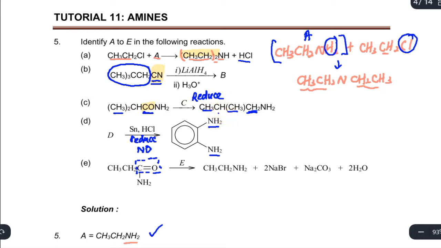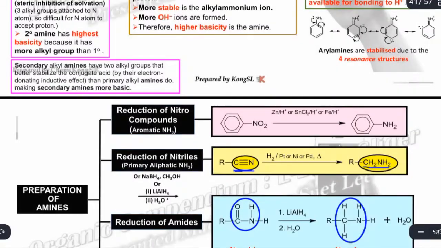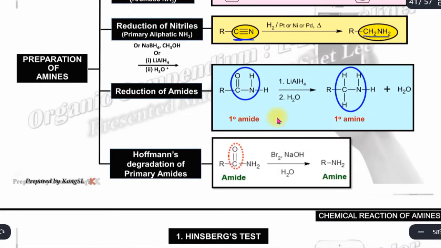So it will reduce from a primary amide to a primary amine. Please remember for this case, the reducing agent is 1 Roman lithium aluminium hydride, 2 Roman H2O, not H3O plus. For the reduction of an amide, the reducing agent is 1 Roman lithium aluminium hydride, 2 Roman H2O.